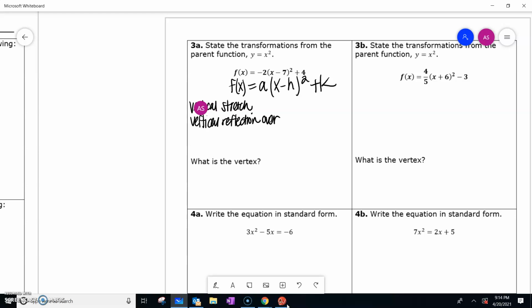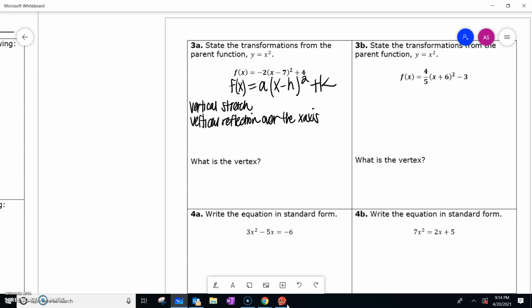So let's actually write the vertical reflection over the x-axis. Excuse my handwriting, it's kind of messy. Then we're going to move on to our H. Now one thing about our H is it's always the opposite because our formula has a negative in it.